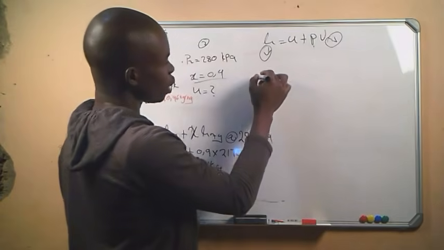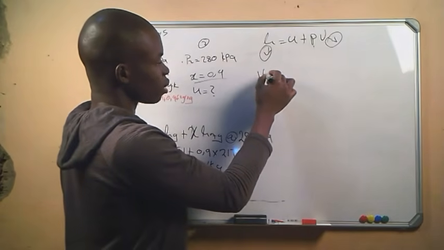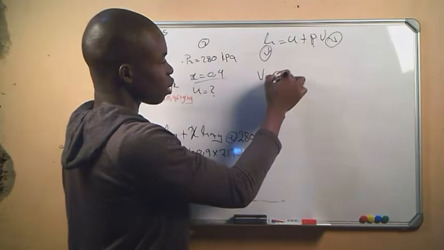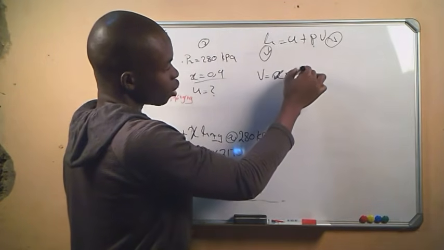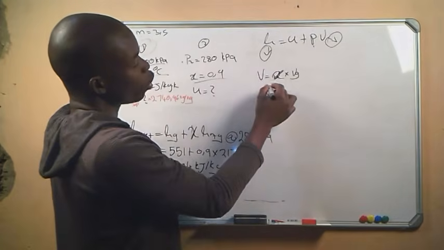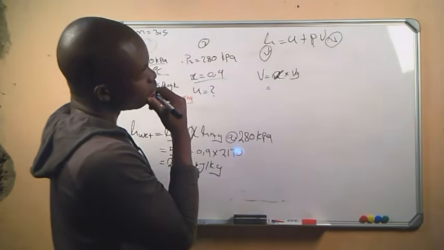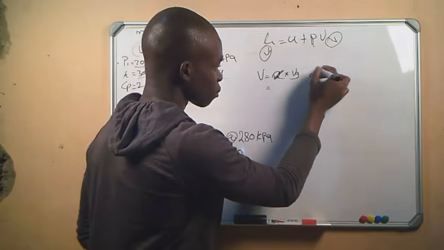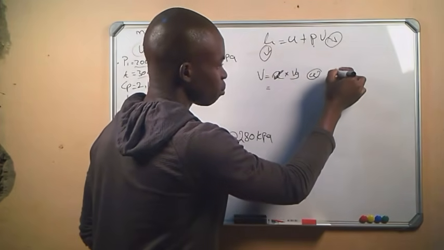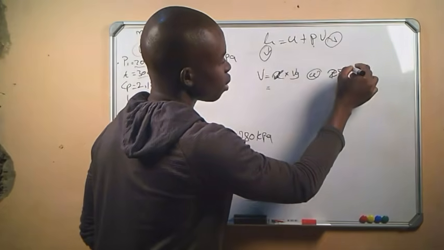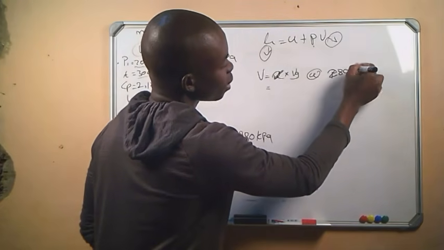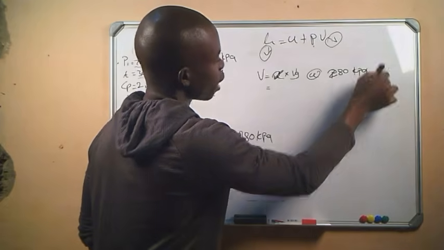But we still don't have our V. Then we can calculate our V, because we know that our V wet is equal to X, which is the dryness factor, times Vg, which is our specific volume at the pressure of 280 kilopascal. That's our pressure.